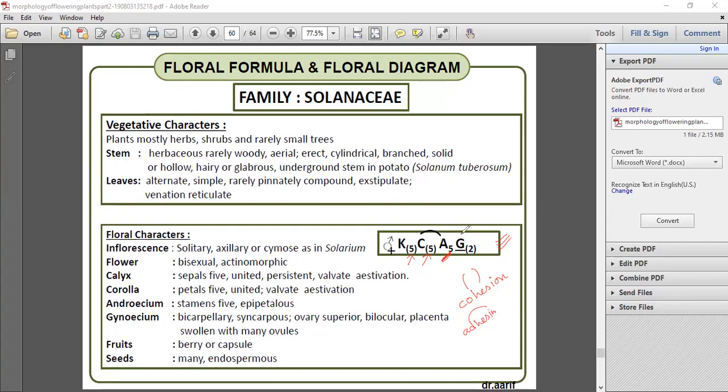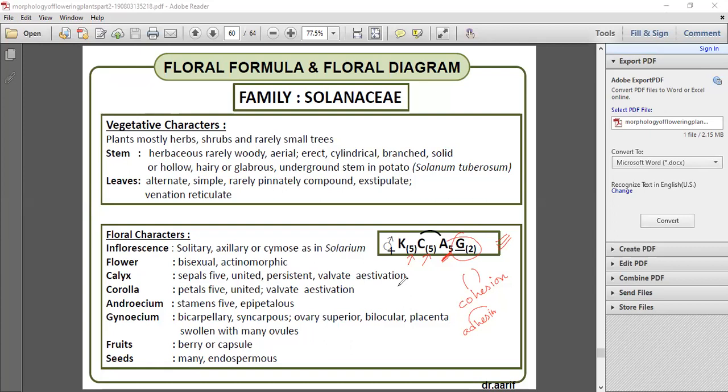Okay. Now what can we predict about the ovary? It is a superior ovary. And there are two superior ovaries. Only this much? Class, anyone else wish to try? What is missing?